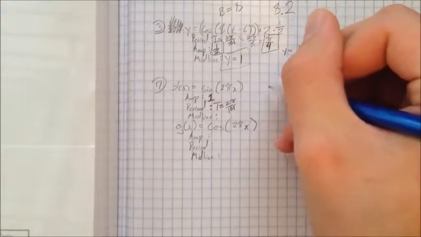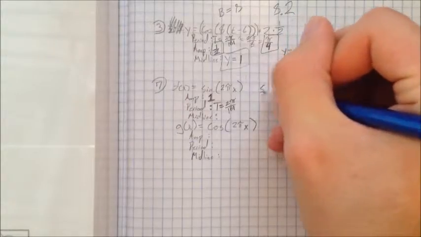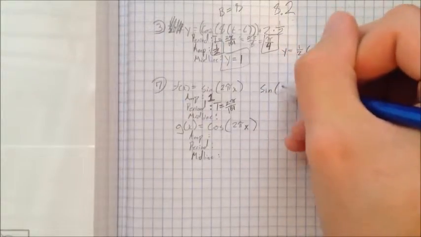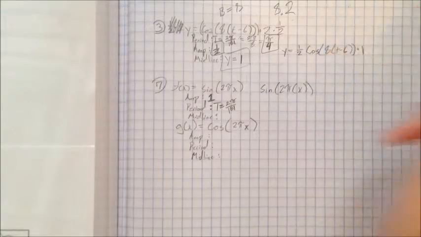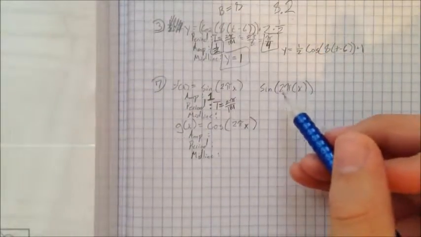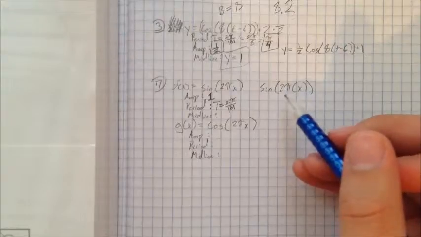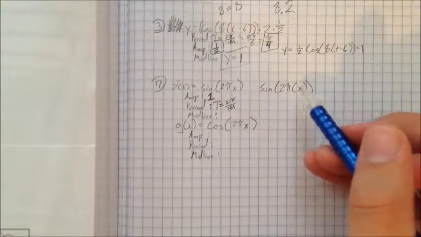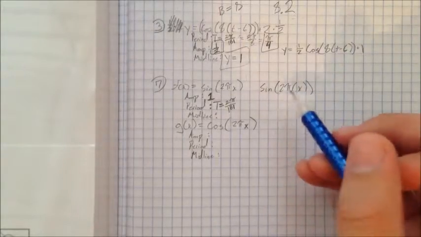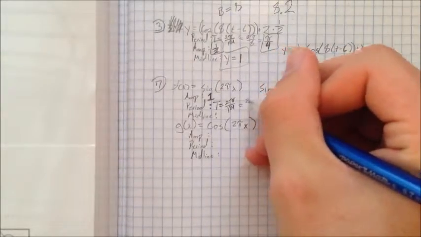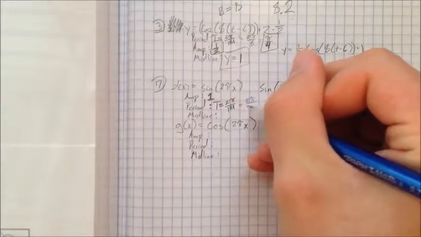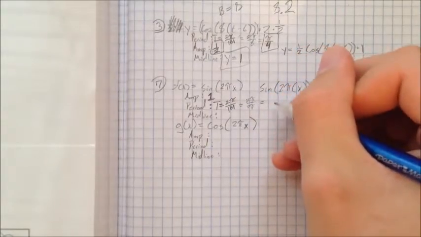And if you need to, you can write sine of 2 pi x, just to show you that this is actually our b value and this is just our x value. So 2 pi is indeed b, so 2 pi divided by 2 pi is equal to 1.